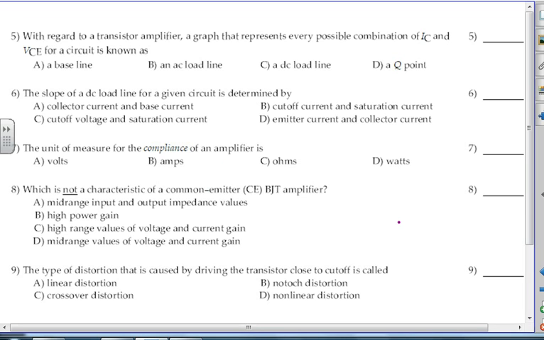With regard to a transistor amplifier, a graph that represents the possible combination of IC and VCE is known as the DC load line, or the AC load line.